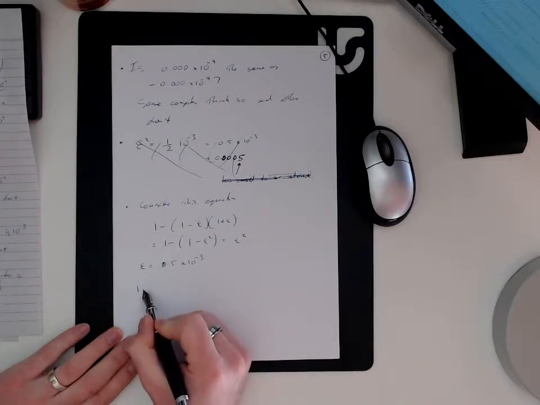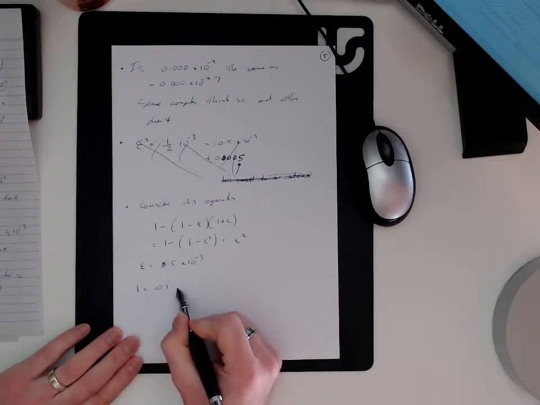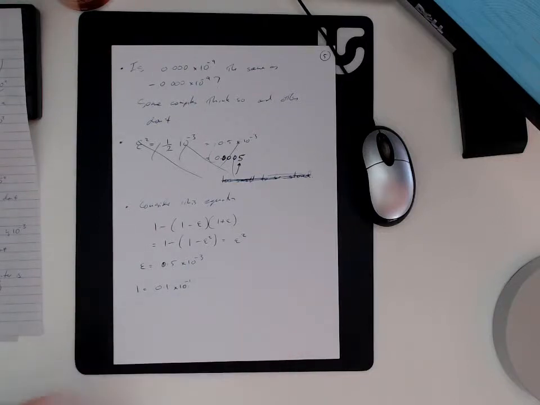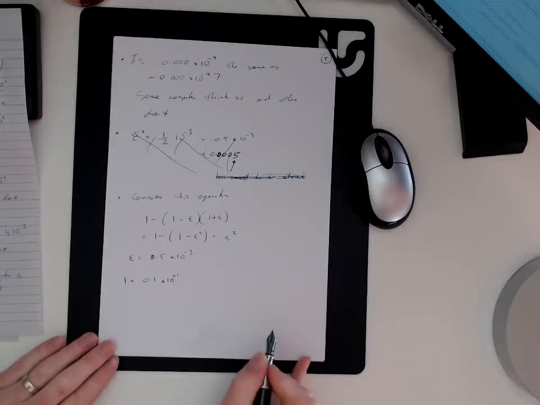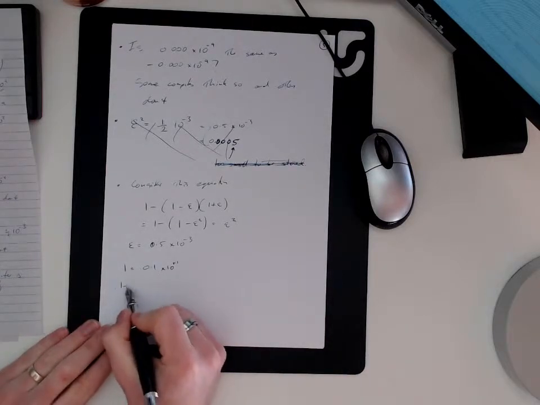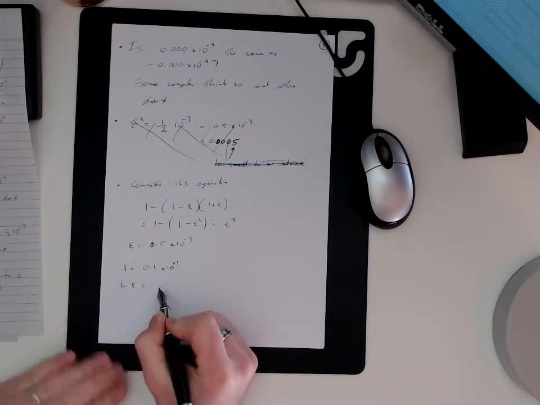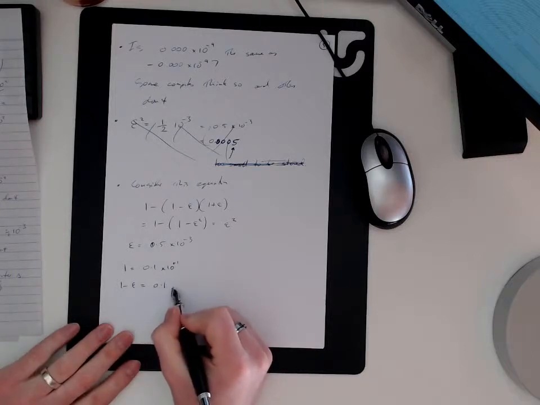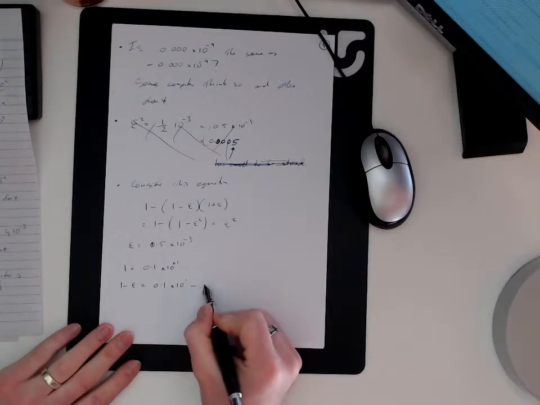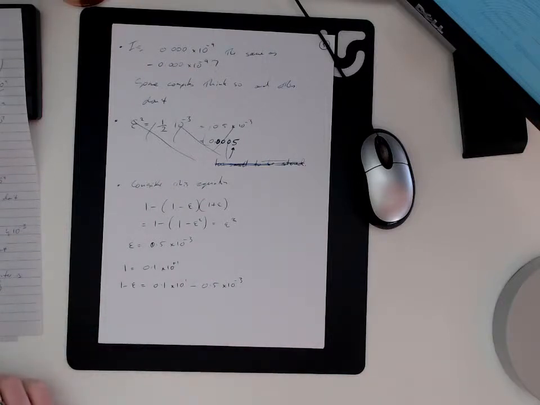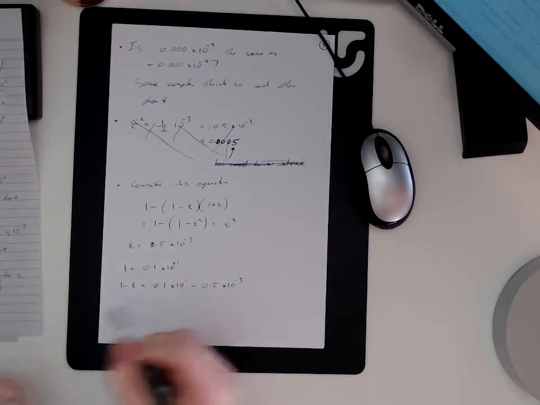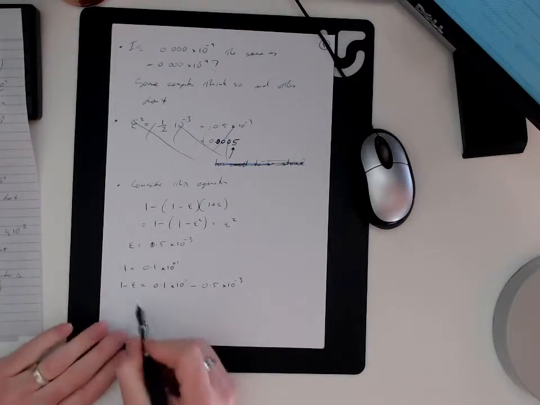So 1 is equal to 0.1 times 10 to the 1. So this equals 0.1 times 10 to the 1 minus 0.5 times 10 to the minus 3. Well, we can skip slightly, right?